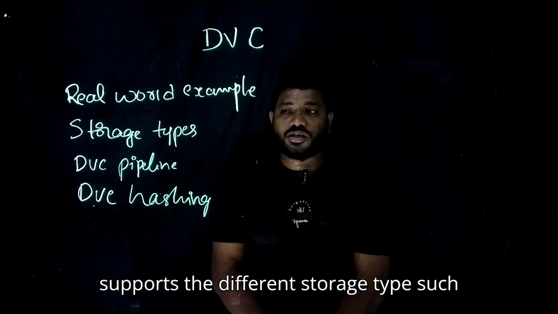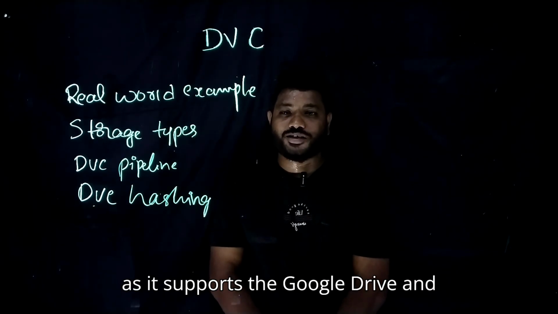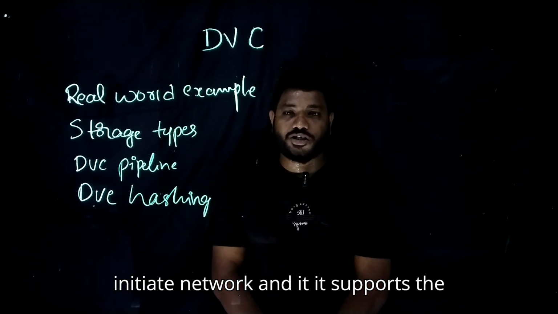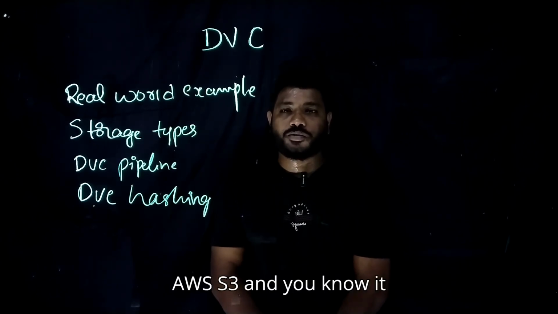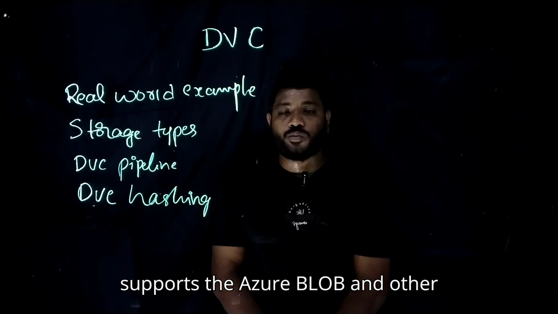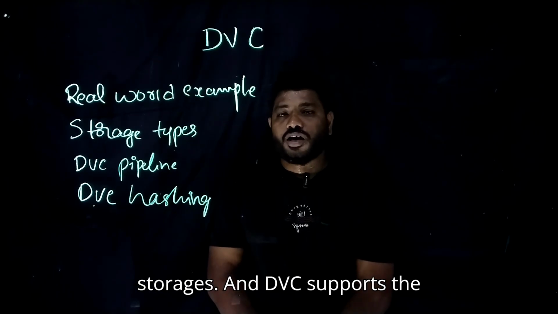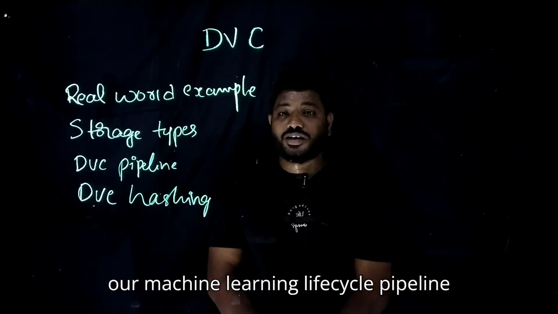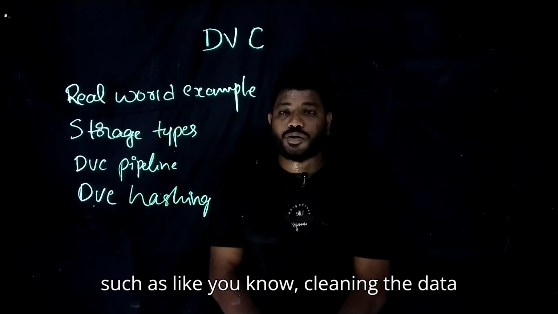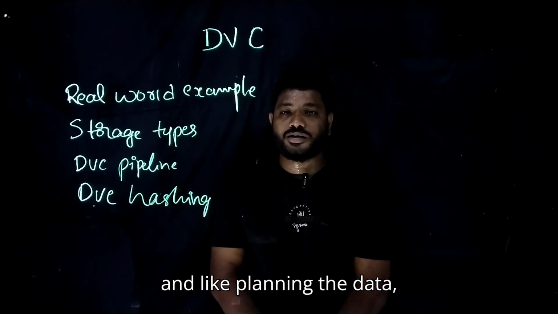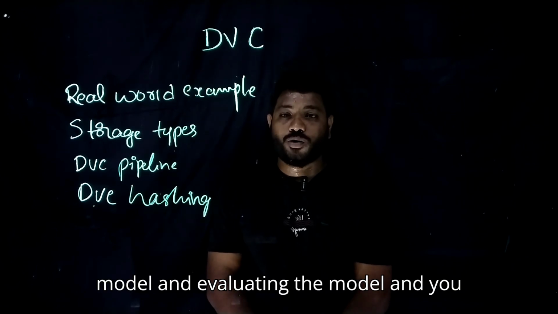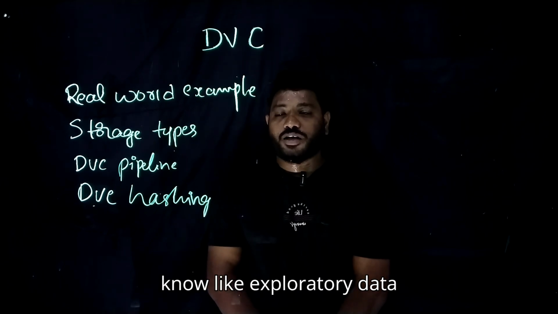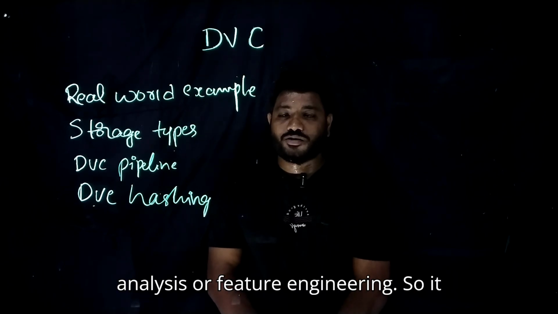DVC supports different storage types, such as Google Drive and any shared network, and it supports AWS S3, Azure Blob and other storages. DVC also supports our machine learning lifecycle pipeline, such as cleaning the data, training the model and evaluating the model, as well as exploratory data analysis and feature engineering.